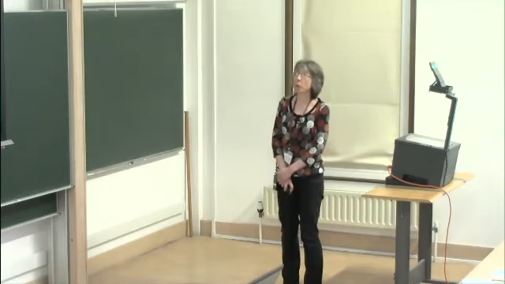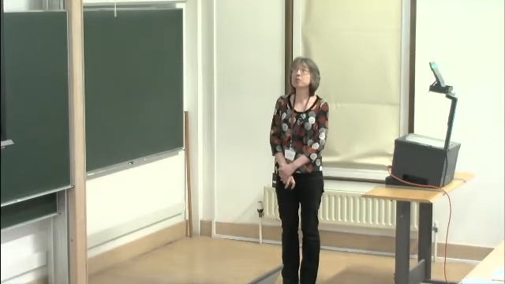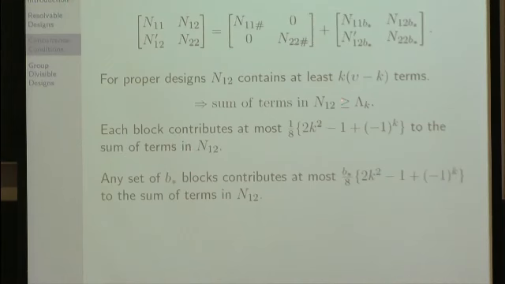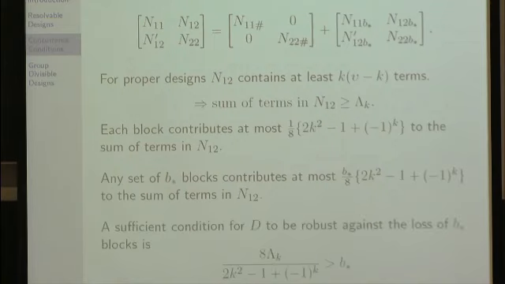Now, if the maximum you remove from the sum of these terms can't be as much as lambda k, then you know your design isn't going to be disconnected and you have nothing to worry about. And rearranging that statement, that gives us this condition. A sufficient condition for D to be robust against the loss of B star blocks is stated there.